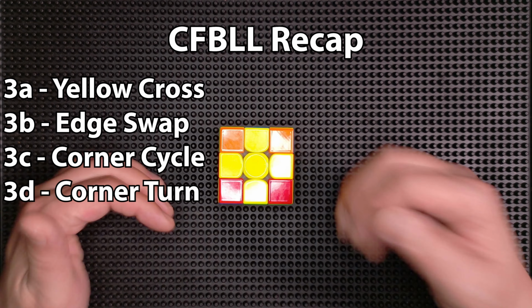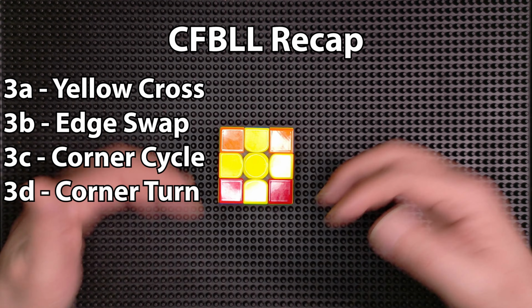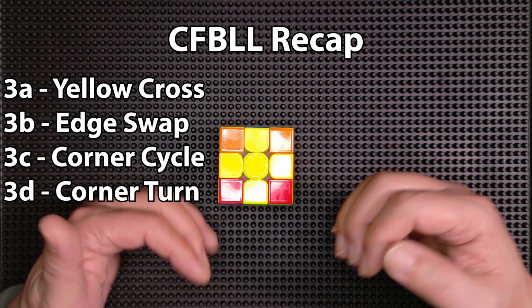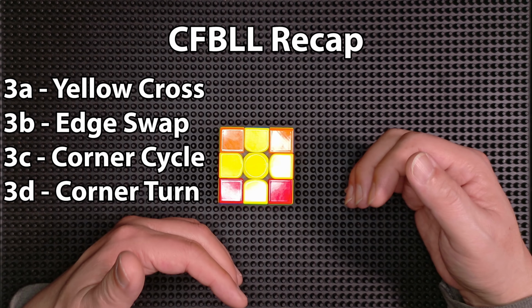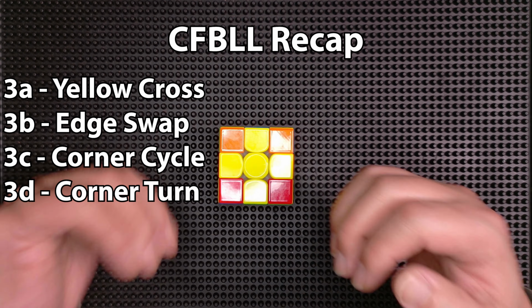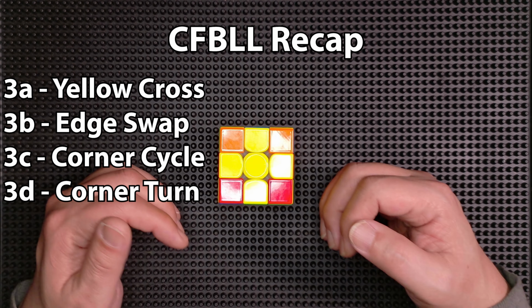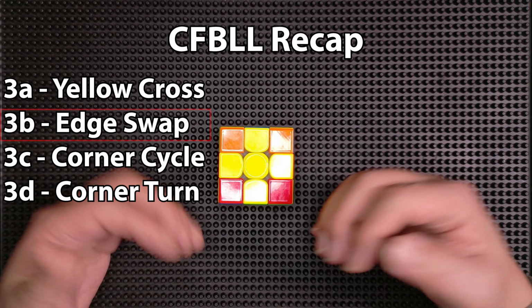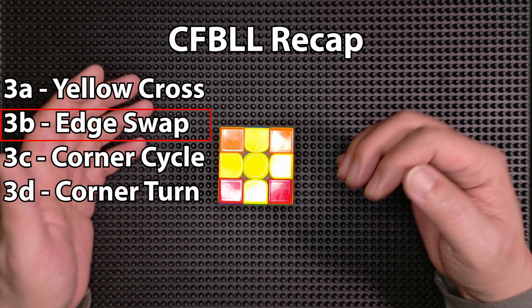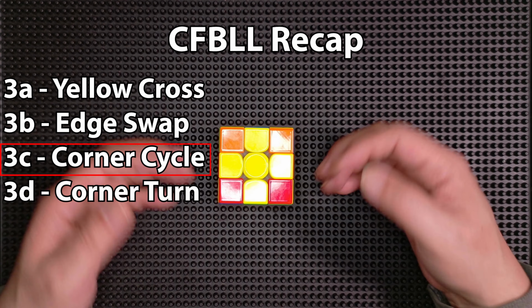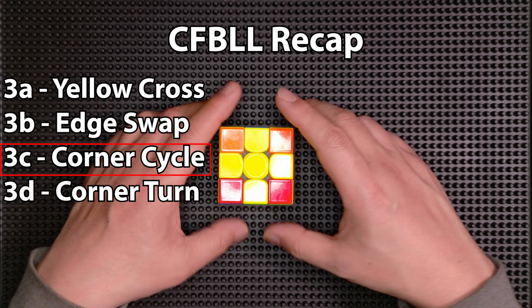These steps are all if needed because we may get lucky on a solve and one or more of these steps will already be done when we get to it and we'll be able to skip over it. In previous episodes, we've covered step 3A, the yellow cross, and step 3B, the edge swap. So in this episode, we're covering step 3C, the corner cycle.